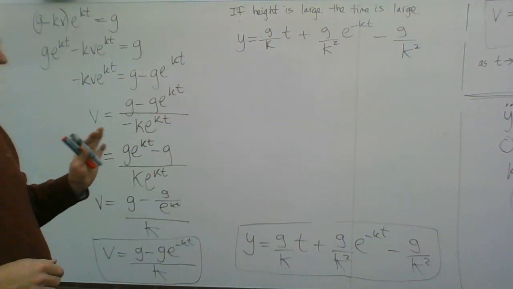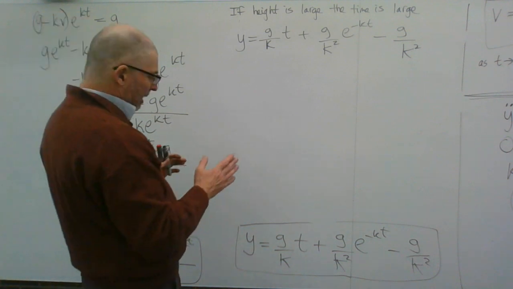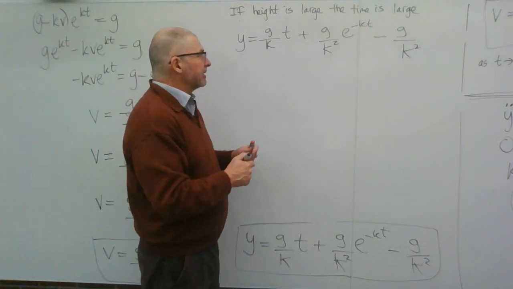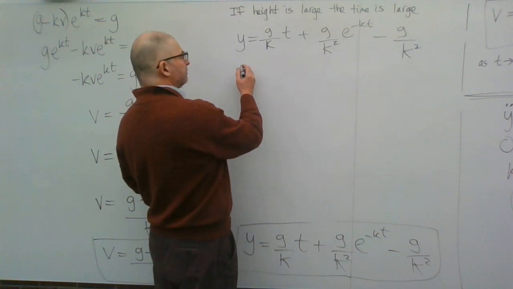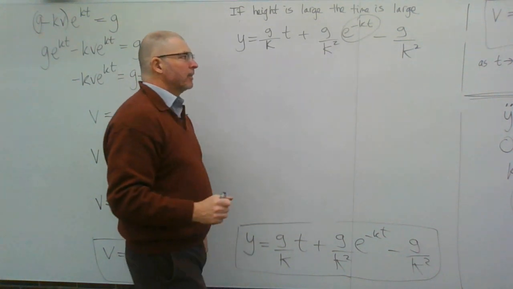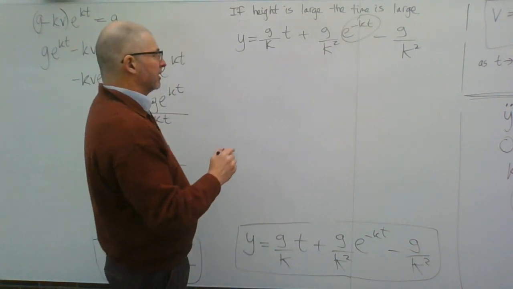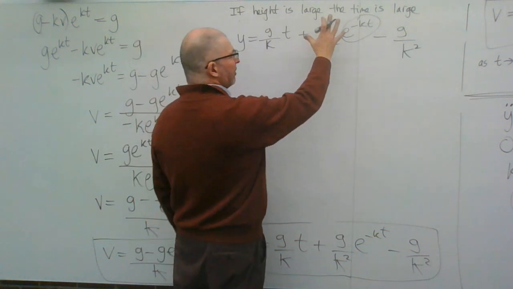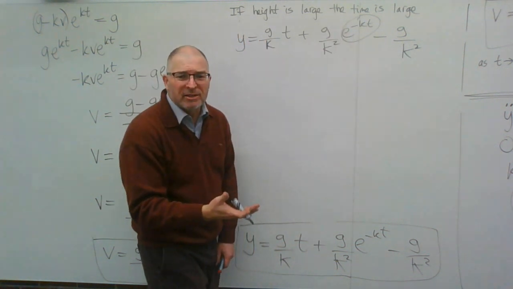Now, that means t is really big in this situation. Let t get really big. Then what's going to happen here? That's going to go to 0, isn't it? So if h is large, t is really large, and this approaches 0.